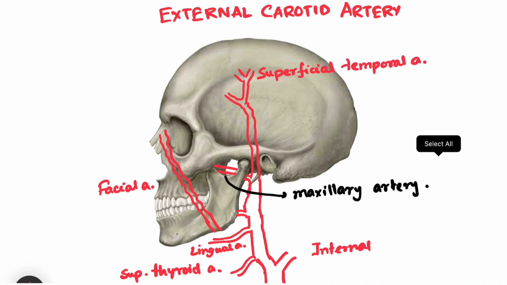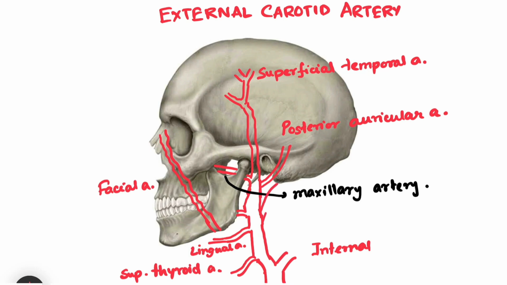Right. At the same point of time, it gives off another artery known as the posterior auricular artery. Just behind the auricle, it gives off the posterior auricular artery. And another branch it gives off which goes behind the mastoid and is known as the occipital artery.